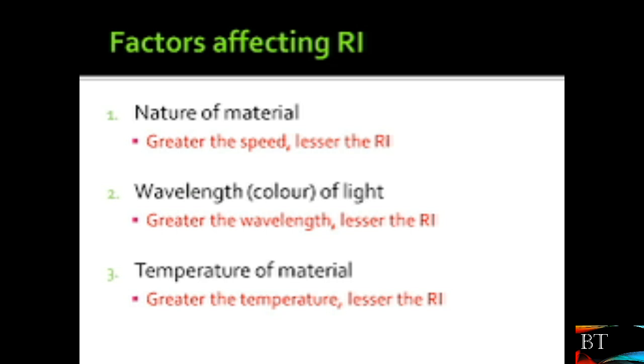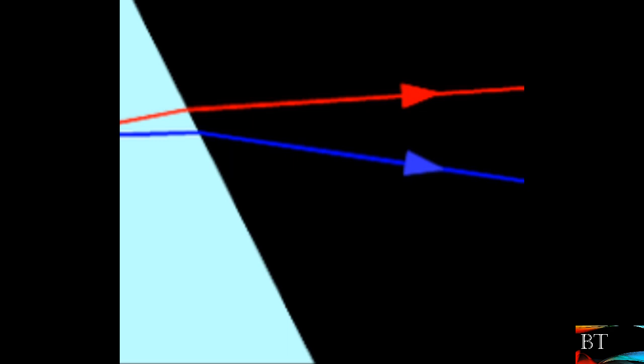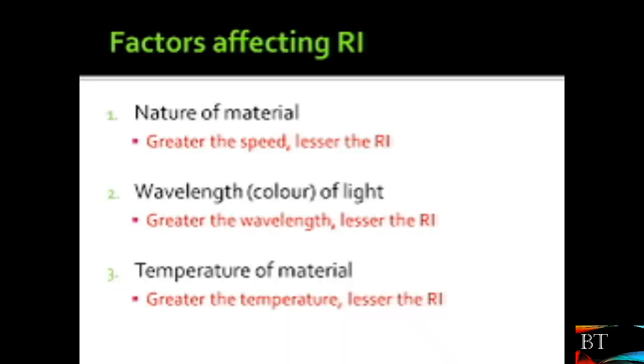And finally, color or wavelength of light. The speed of light of all colors is the same in air, but in any other transparent medium, the speed of light is different for different colors. Red light travels faster than violet light since the wavelength of red light is more and the wavelength of violet light is less.